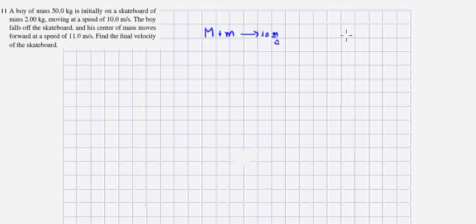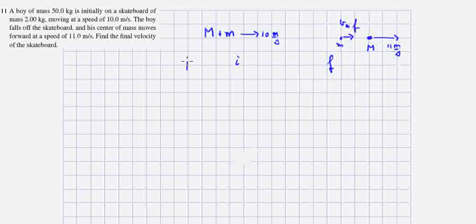Finally, we have the boy, M, moving at a velocity of 11 meters per second. And we have the skateboard, little m, moving at some velocity, let's call it VMF.